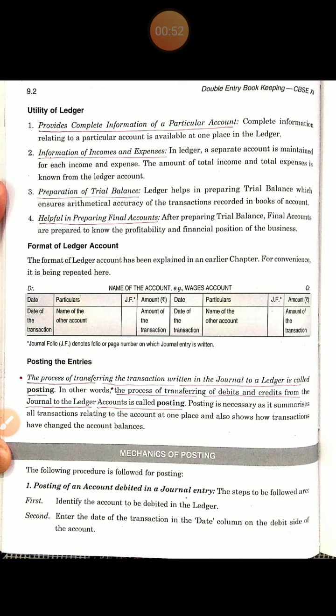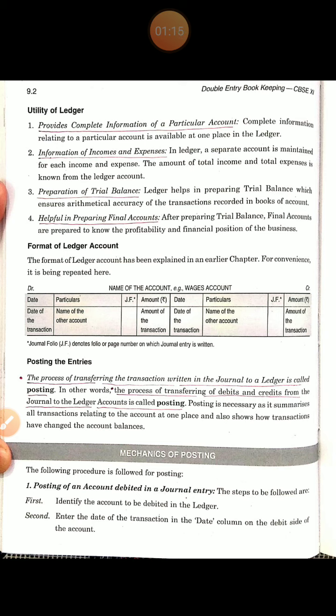So ledger is a classification process in which we classify the same transactions under one account and get to know the balances. In the last class, we discussed what is ledger, what is the utility of ledger, and we have also discussed the format of the ledger.